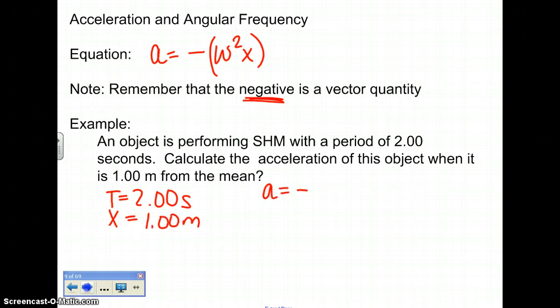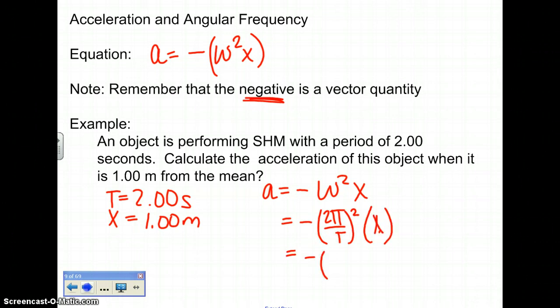Your original equation is simply negative 2 pi over T, squared, times x. So that would be negative 2 pi over 2.00, squared, times 1.00. Quick math here: 2 divided by 2 is 1, so all you're doing is negative 3.14 squared.